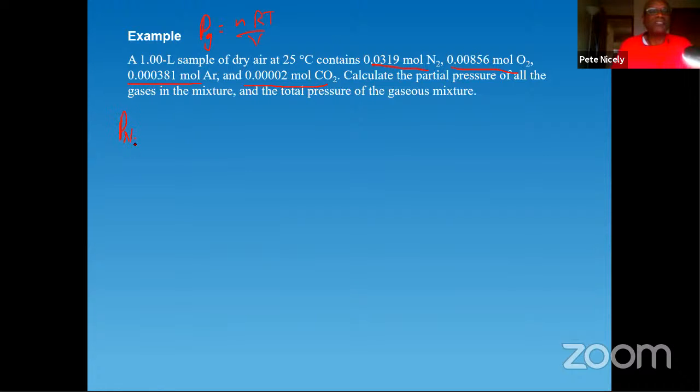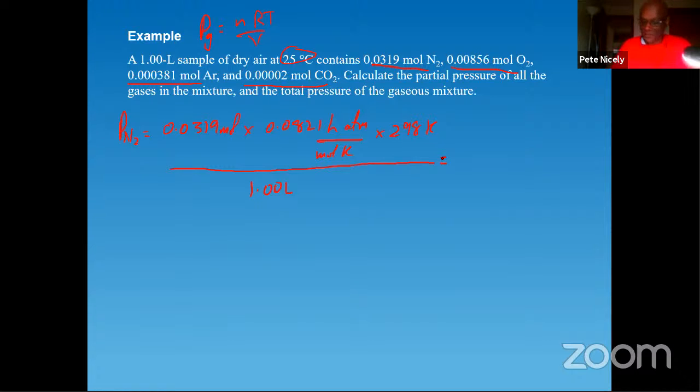The partial pressure of nitrogen is going to be the number of moles of nitrogen, which is given as 0.0319 moles, times R, which is 0.0821 liters atmospheres over mole Kelvin, times the temperature, which is 25 degrees Celsius, which is 298 Kelvin, all divided by the volume, which is 1.00 liters.